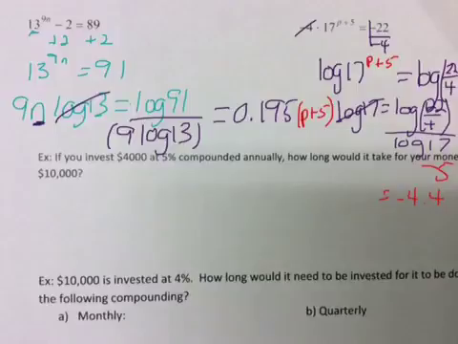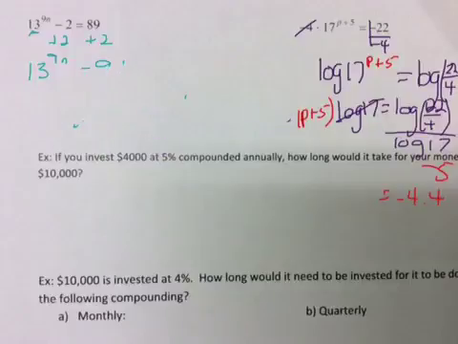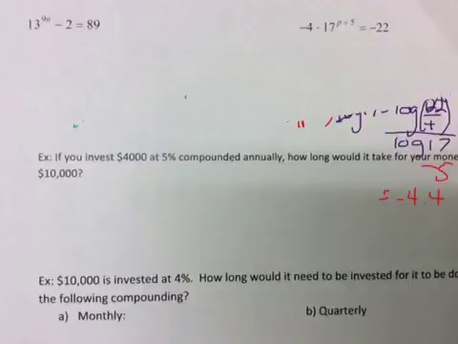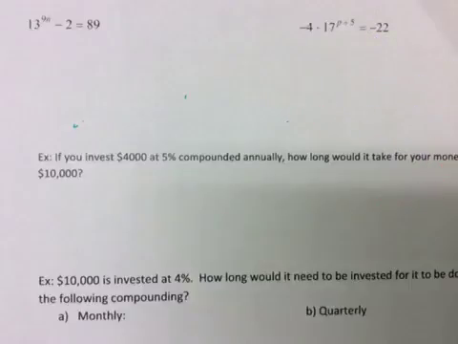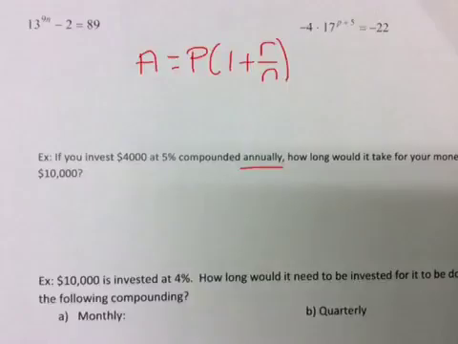Okay. If you were investing $4,000 at 5% compounded annually, how long would it take for your money to be worth 10 grand? Okay, so let's review the formula really quickly for annual compounding. So that would be A equals P times 1 plus r over n to the power of nt.